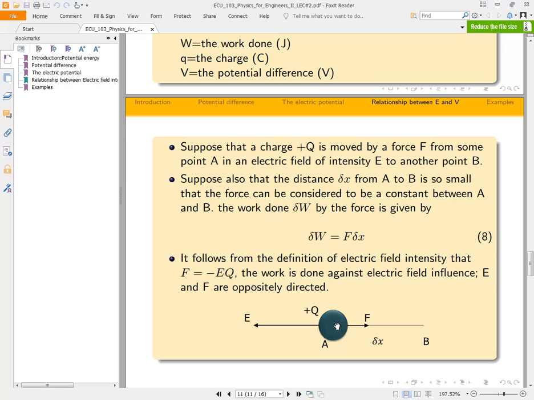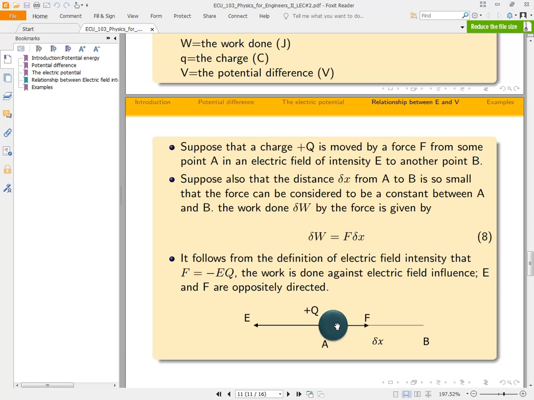So here we have the formula F is equal to minus EQ. The minus is because the electric field lines, measured by E, are in the opposite direction to the dragging force. In other words, the force is moving against the electric field lines, and the two quantities are vectors. So the sign is very important.